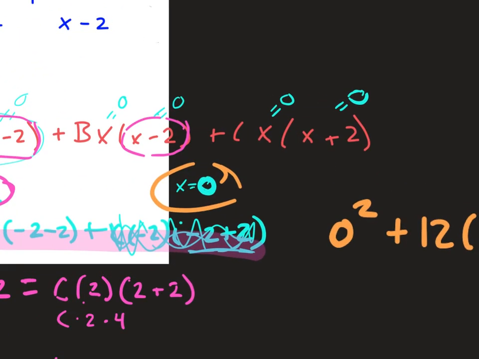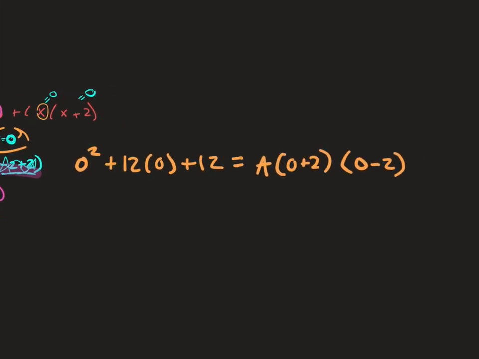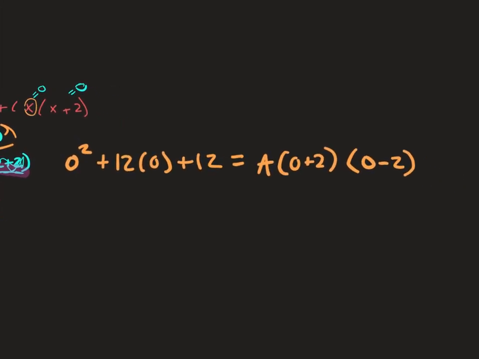And then we can see here for b, if we plug in 0, b is going to cancel out. And for c, if we plug in 0 here, c is going to cancel out. So we're just left with finding a. So 0 squared is just 0, plus 12 times 0 is just 0, plus 12. So we're left with 12 on the left side.